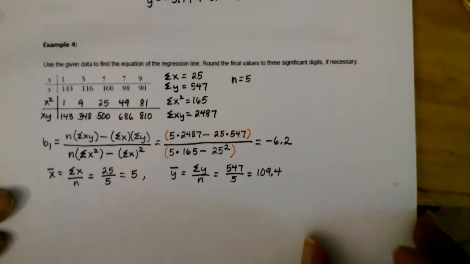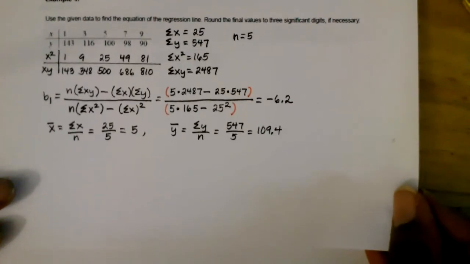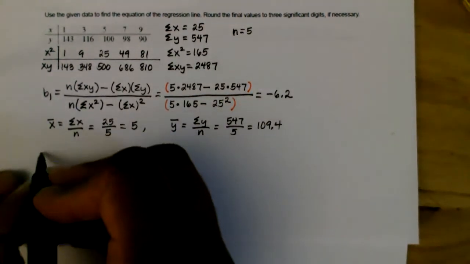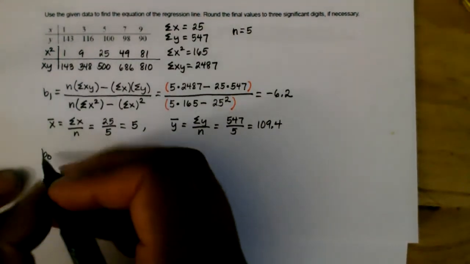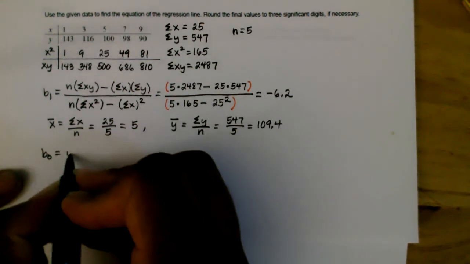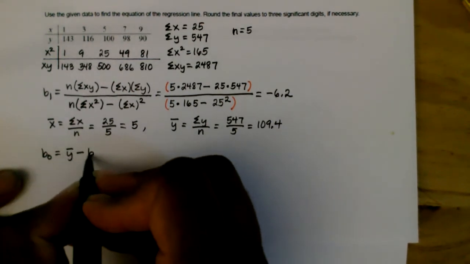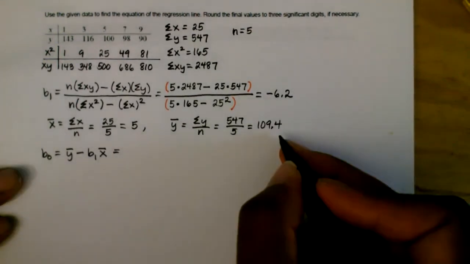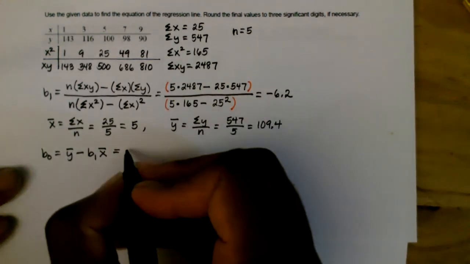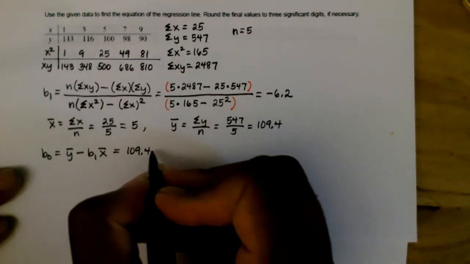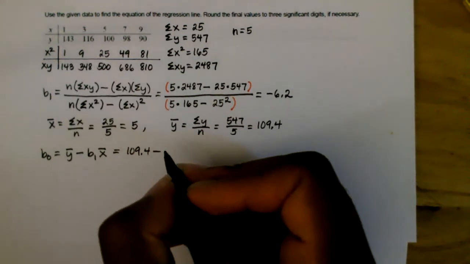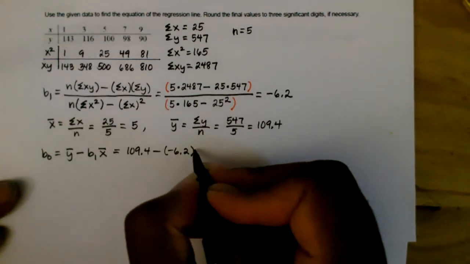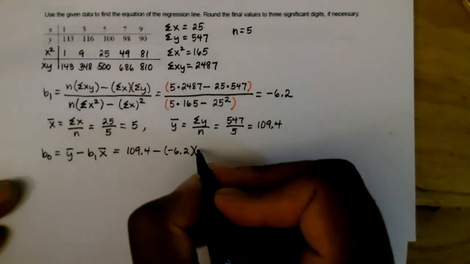All right. So I'm going to use that to find out what my Y-intercept is, and that is B sub 0. That's the third step there. B sub 0 is Y bar minus B sub 1 times X bar. My Y bar, which is the mean of the Y values, that's 109.4, minus B sub 1, which was the slope, and that's negative 6.2, times X bar, that's 5.